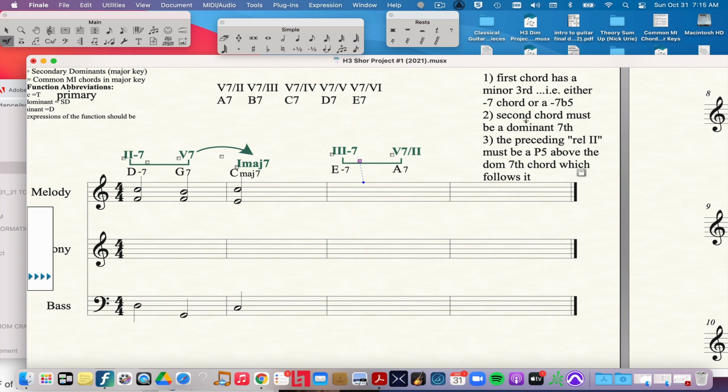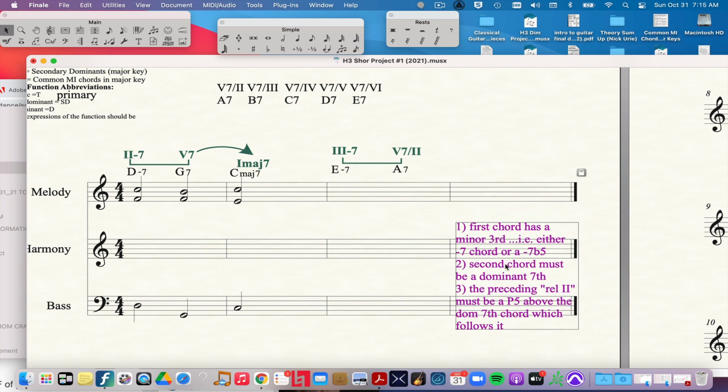Now, what about minor 7 flat 5s? Well, minor 7 flat 5s can occur diatonically sometimes, but they can also be chosen just because they create a sort of darker related two sound. For example, if my next secondary dominant was E7, as I originally was going to do, the chord which is a perfect fifth above that is B. And I could put a B minor 7 there, but it turns out in the key of C, there is a diatonic B chord, which is B minor 7 flat 5.